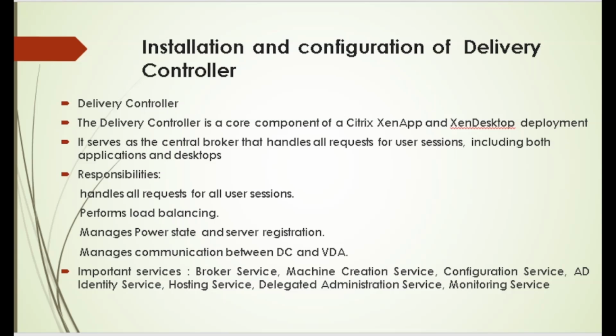This service is responsible for creating VMs on VMware. It communicates with VMware, and if you add an additional machine, this service is responsible for creating a VM on VMware. If this service is down, it will not create VMs.